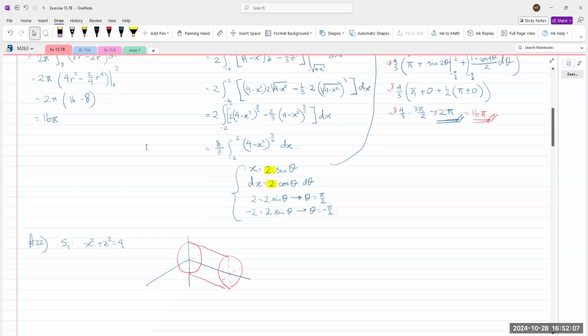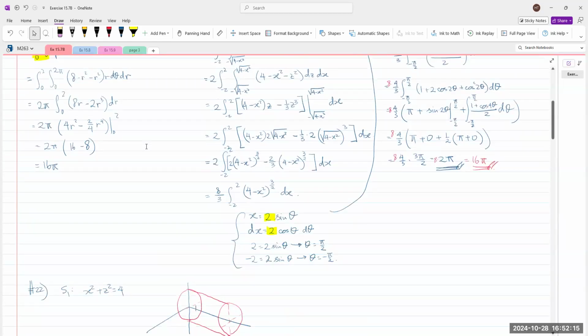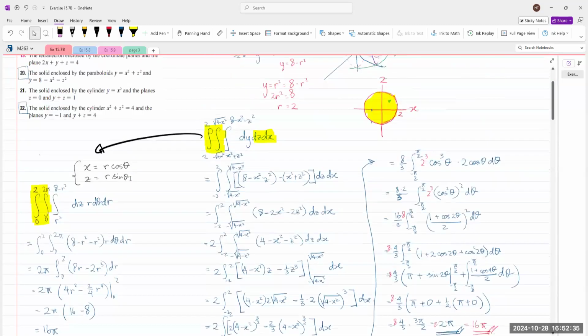And the solid is enclosed by that cylinder and the planes y equals -1 and y plus z equals 4. So one surface is y equals -1, and another one is y plus z equals 4.